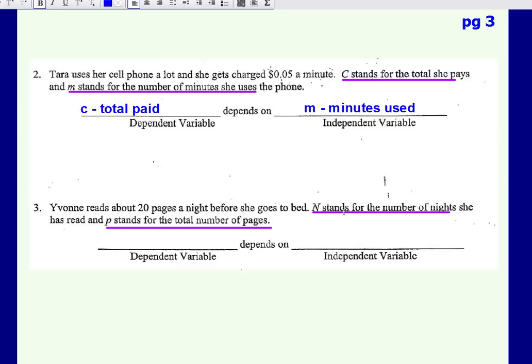She could maybe read 2 nights a week, or she could read 5 nights a week. That can change. But the total number of pages, you can't determine its value unless you know the number of nights. So here we go. The dependent variable is going to be P, total pages, which is going to depend on N, the number of nights read.